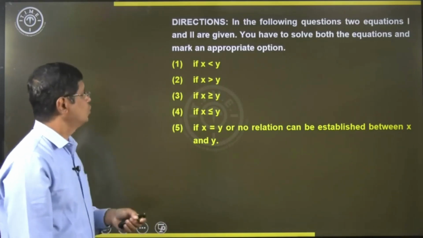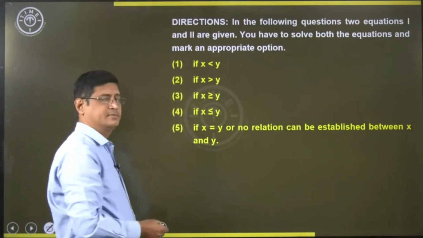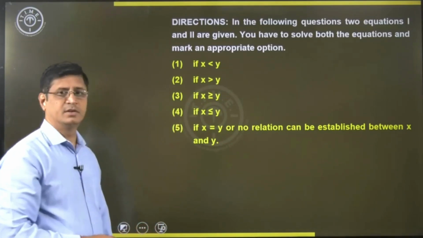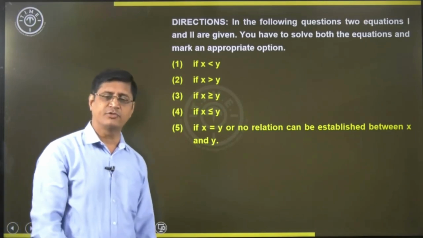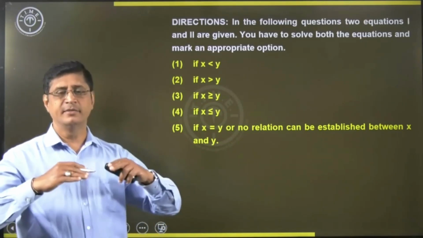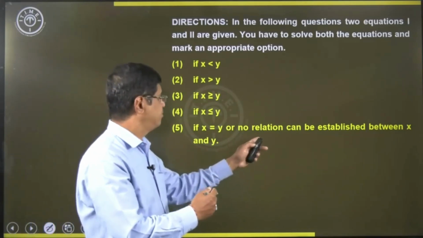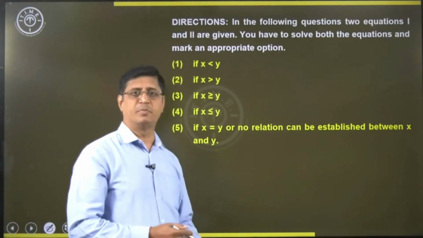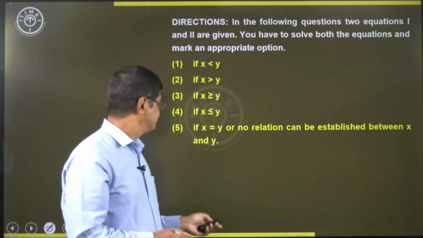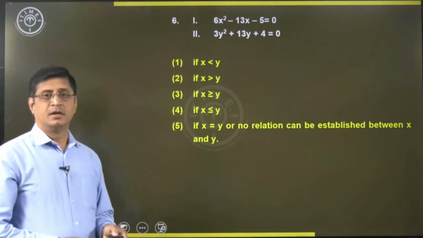Now, what about the choice 2? If x is greater than y. Choice 3, x greater or equal to y. Choice 4, x less or equal to y. Choice 5, x and y both are equal and the relation cannot be established between x and y. Okay. Look at this example.